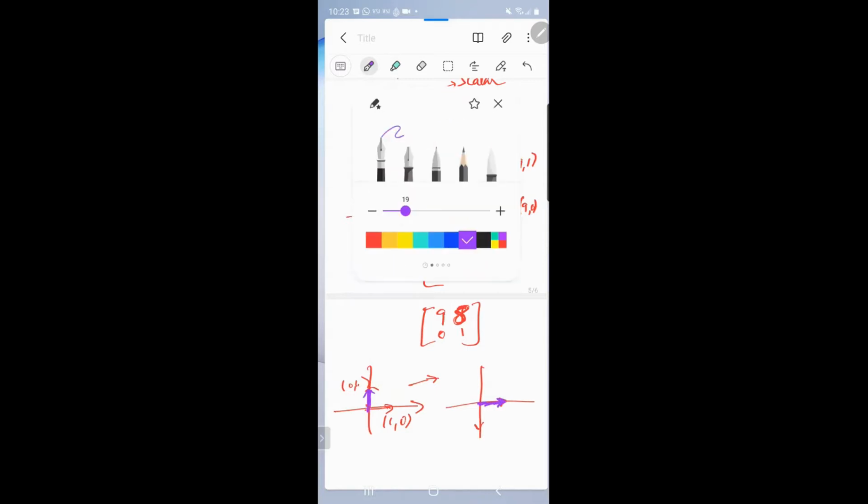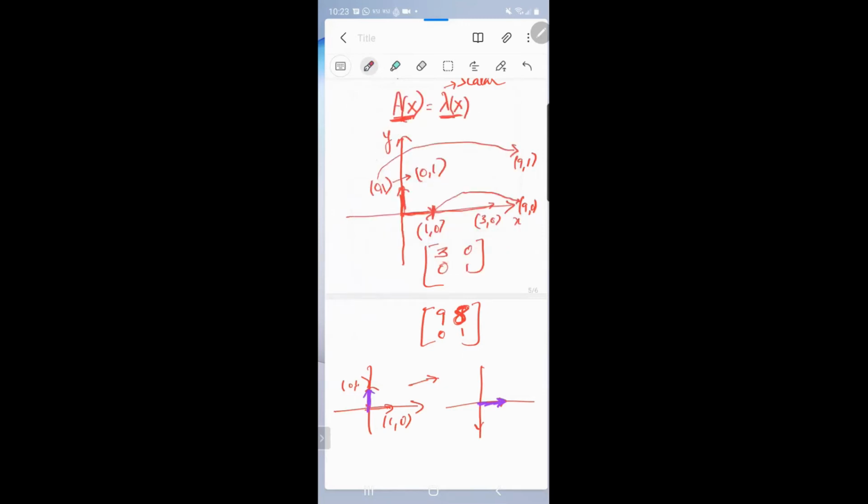So now what are the new positions of these two vectors? So where did this 1, 0 end up? What is this point? Minus 1, 0. What is the exact?